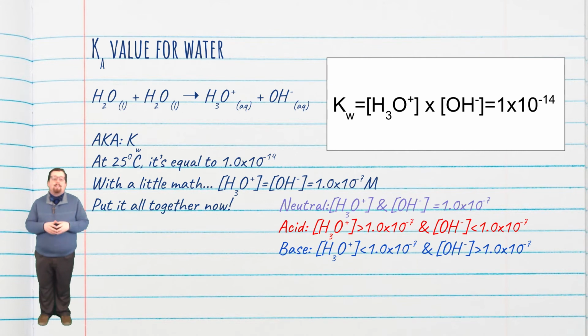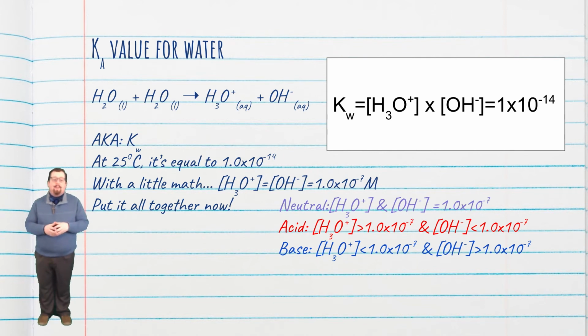Anyway, no matter the situation, whether it's acidic, basic, or neutral, at 25 degrees Celsius, where we'll do our calculations in this class, your Ka for water, which we often just call Kw, is equal to the concentration of your hydronium ions multiplied by the concentration of your hydroxide ions. And that number always equals 1 times 10 to the negative 14.